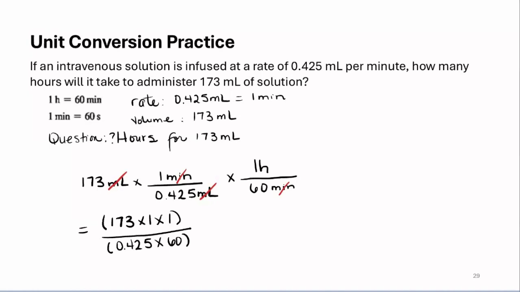173 divided by 0.425, I'm skipping the times 1 because that equals 173. Then I take 173 and divide it by the result of 0.425 times 60. I see that my calculator display shows me a value of 6.7843, and there's a series of numbers after that.